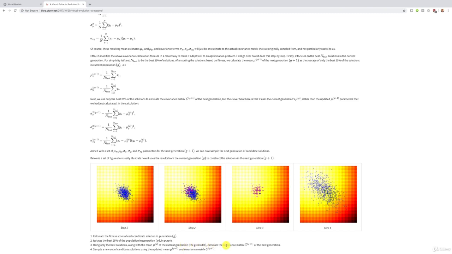we calculate the covariance matrix of the next generation, and using that new covariance matrix, we're going to sample a new set of candidate solutions using the updated mean mu of the next generation that you computed in step 3, and of course the covariance matrix C of the next generation, which you also computed in step 3.